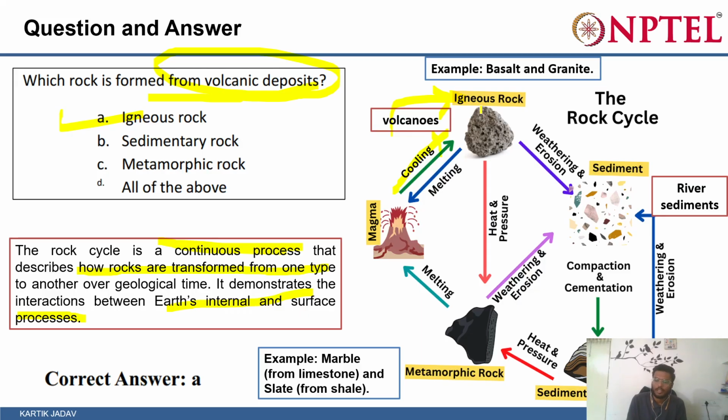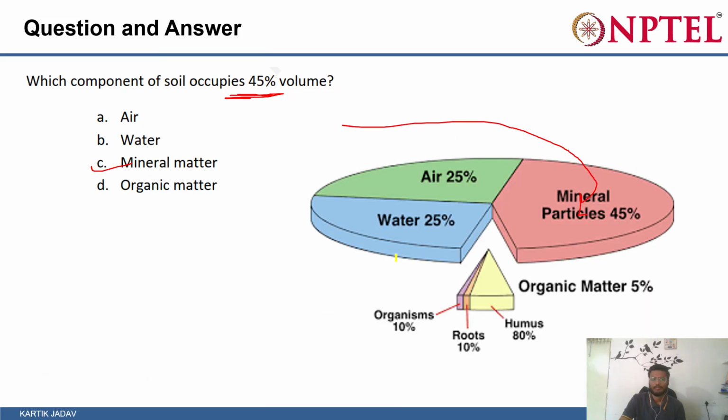Under heat and pressure conditions, sedimentary rocks form metamorphic rocks. Famous examples of igneous rock are basalt and granite. Sedimentary rocks are sandstone and limestone, while metamorphic rocks are marble and slate.